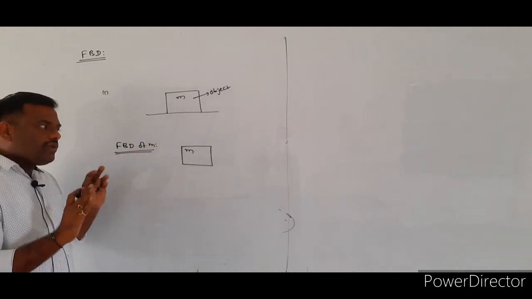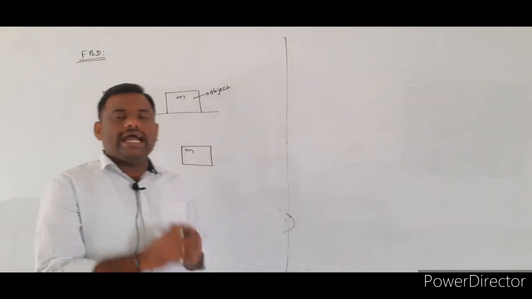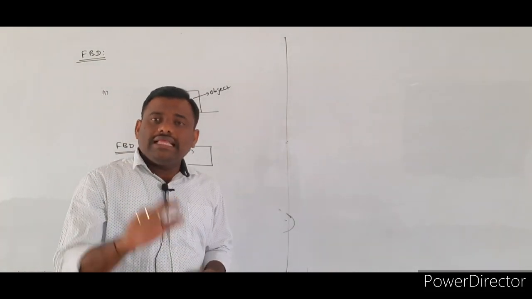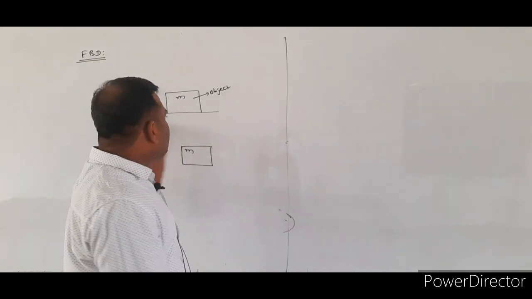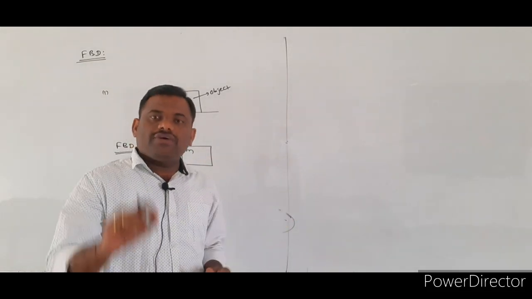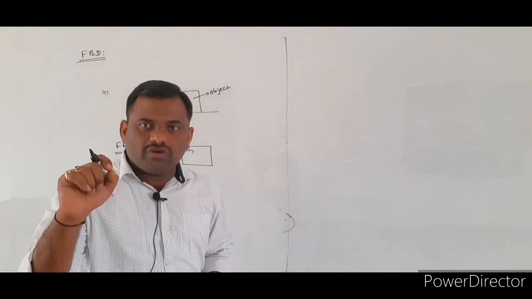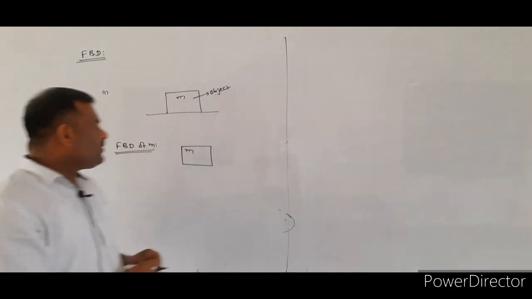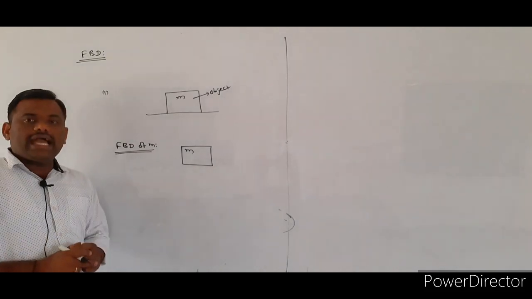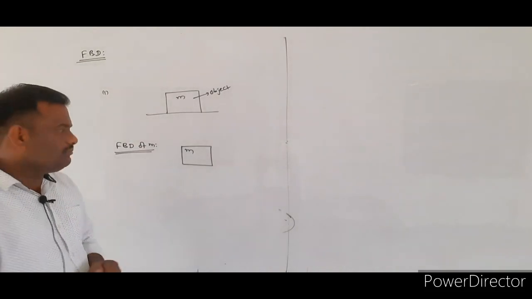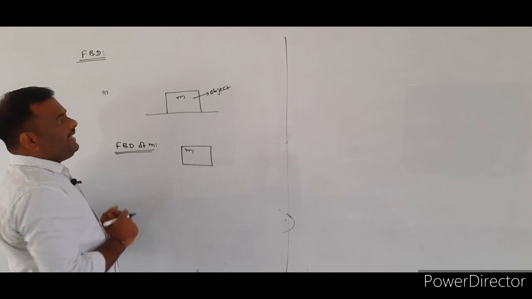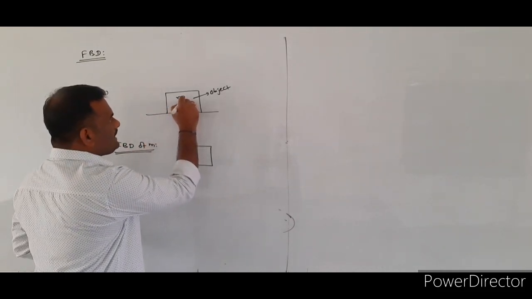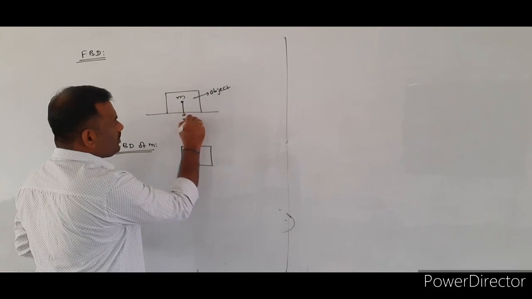For whichever body you are drawing the free body diagram, you consider that particular body only. You don't consider the horizontal surface. Here I want to draw the free body diagram for the given body of mass m. Whenever the object is placed over the horizontal surface, its weight acts in the downward direction.